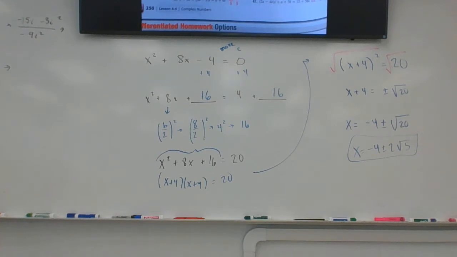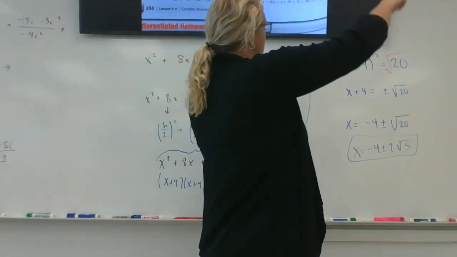So I would do 3 minus 15i over 9. And that actually does need to be simplified for full credit. You can have it in the other order, but since all three divide by 3, you need to divide them. So when I divide everything by 3, I get 1 minus 5i over 3. Or you could split the fraction.